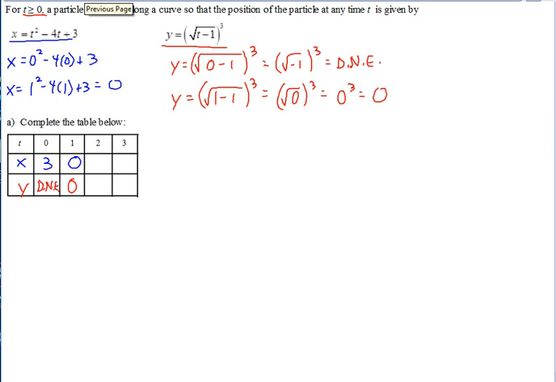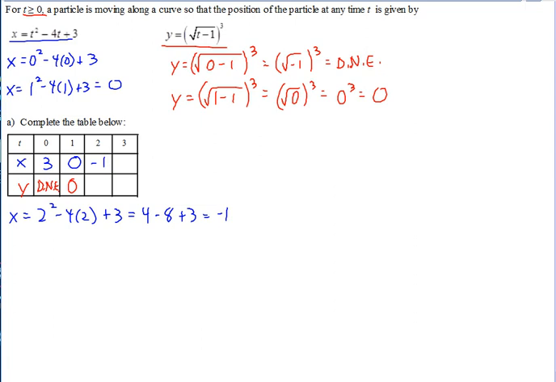All right. Now let's go ahead and substitute in 2. That'll be 2 squared minus 4 times 2 plus 3. Well, that's 4 minus 8 plus 3. Let's see, 4 plus 3 is 7, minus 8 gives you negative 1. So the x-coordinate is negative 1.